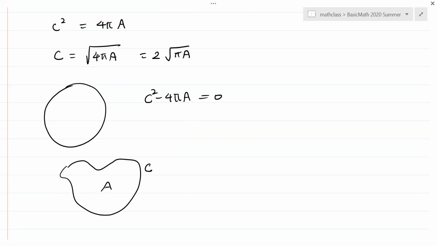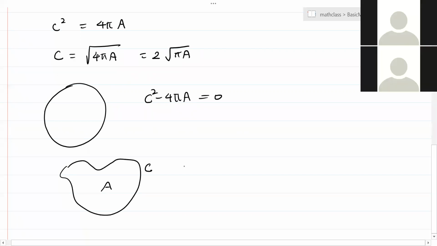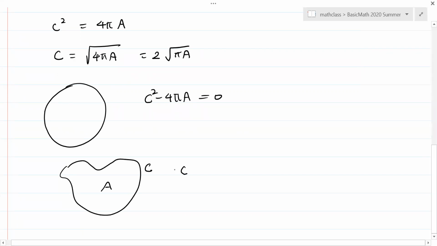No. If C is the same, the circle has the largest possible area. So usually you have an inequality instead. That's a very advanced topic, and I'm not going to go through that.